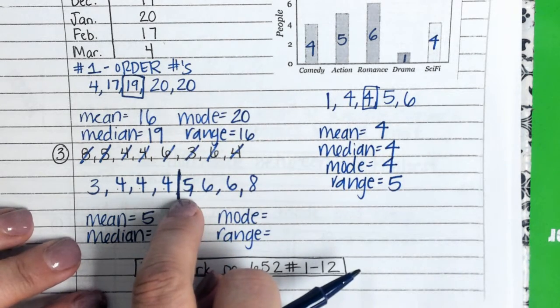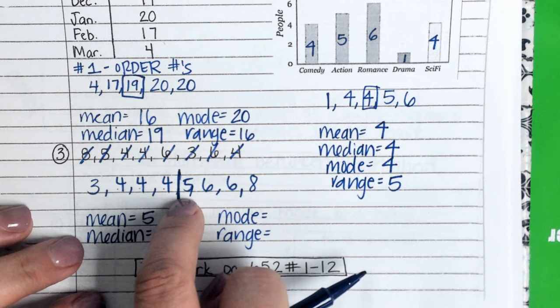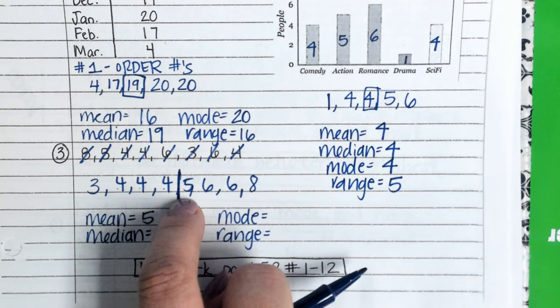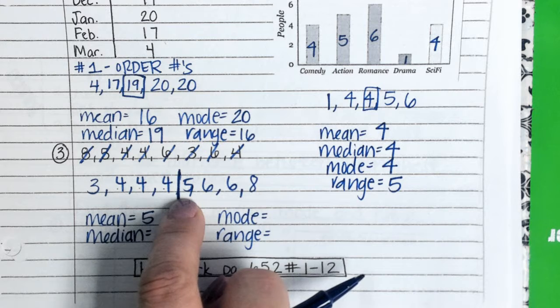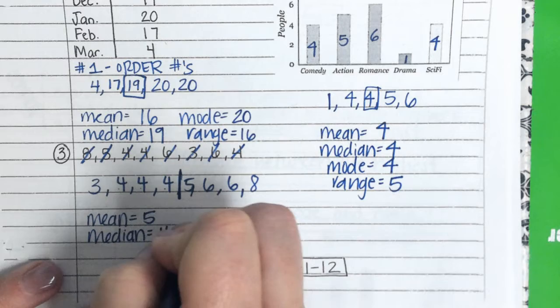At this point, you're going to find the mean of these two numbers. It's going to be halfway in between 4 and 5, which we immediately probably know, 4.5. But I want you to get in the habit, you're going to add them together, divide by 2. 4 plus 5 is 9. Divided by 2, it would give us 4.5.